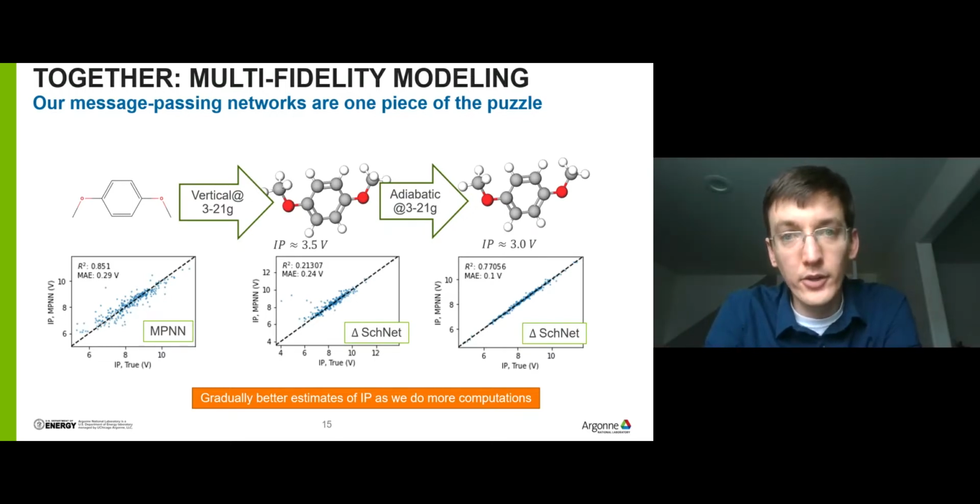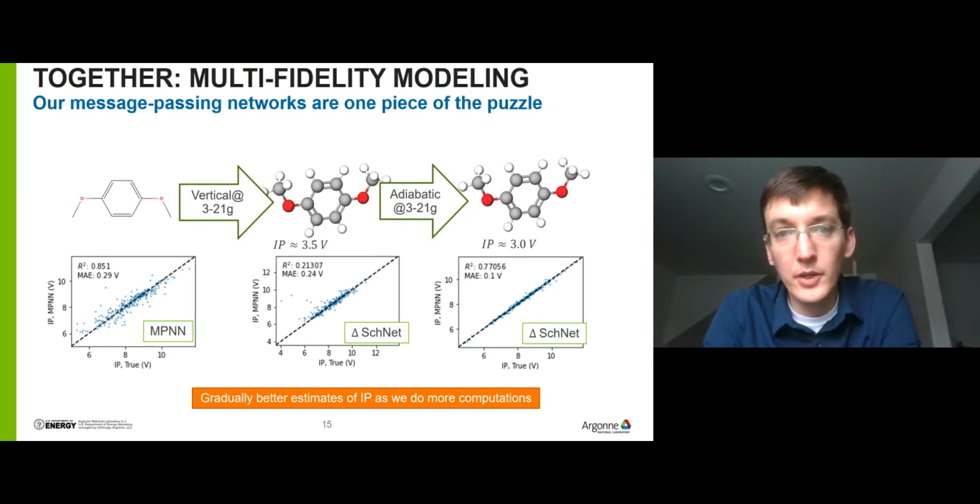By using this delta learning model, coupled with a SchNet architecture that takes in the 3D geometry to predict a correction factor, we can improve off the accuracy of our molecular structure alone model. Here you can see we reduce the error by about 10%.